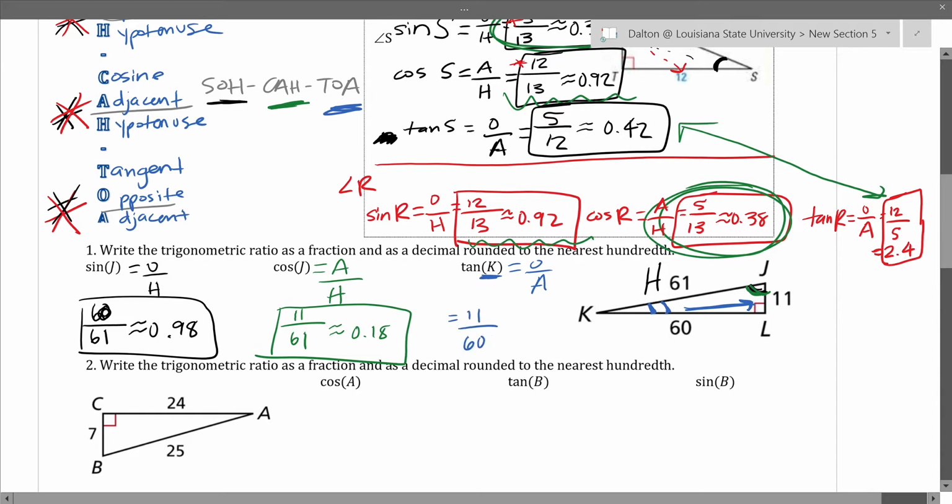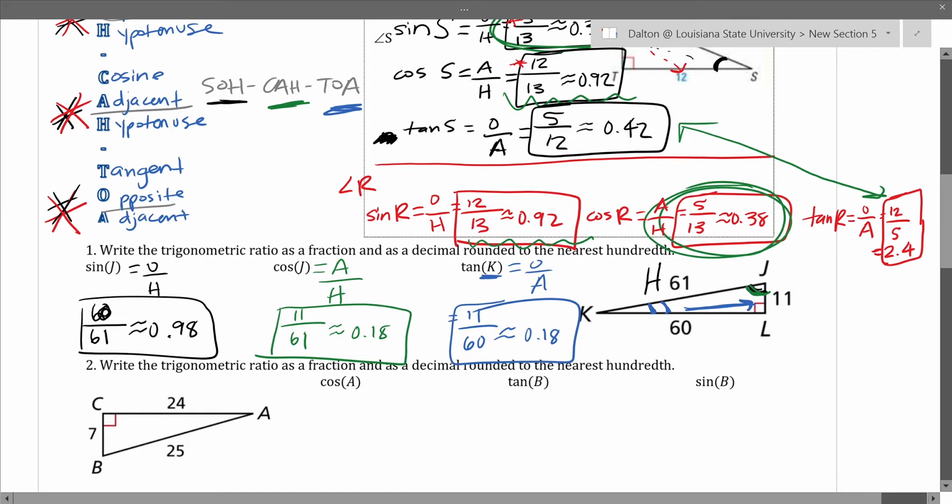Remember the hypotenuse, even though it's 61 touching angle K, it can't be anything else other than the hypotenuse. So the adjacent has got to be 60. 11 over 60 is also about 0.18. It's really close to the other one when you end up rounding it.